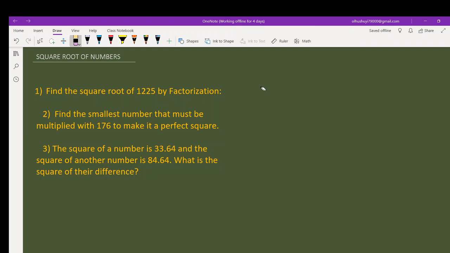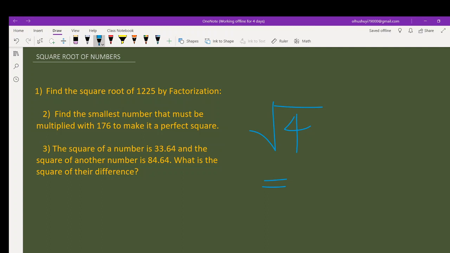If you look for square root of numbers like this, we are all familiar with this. The square root of a number means what do you multiply that number repeatedly.